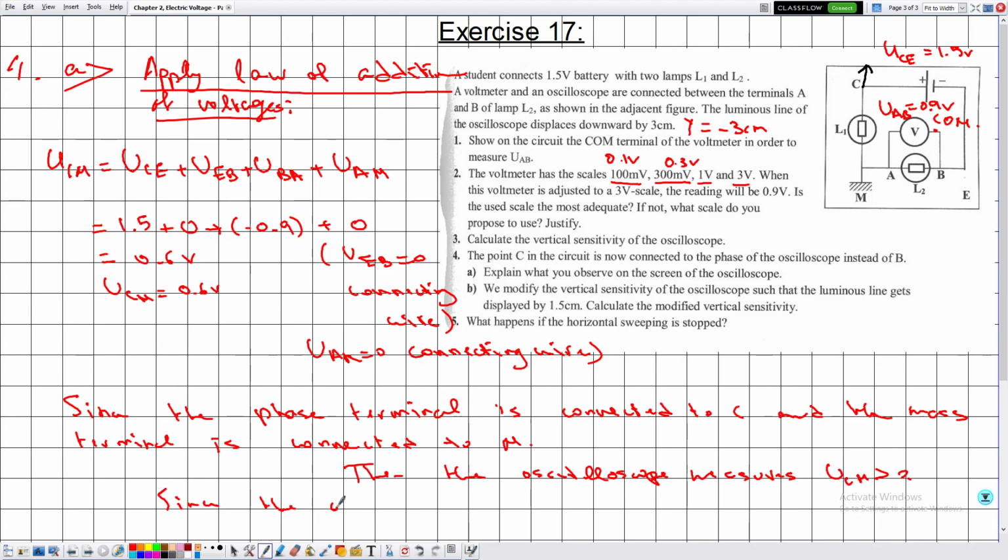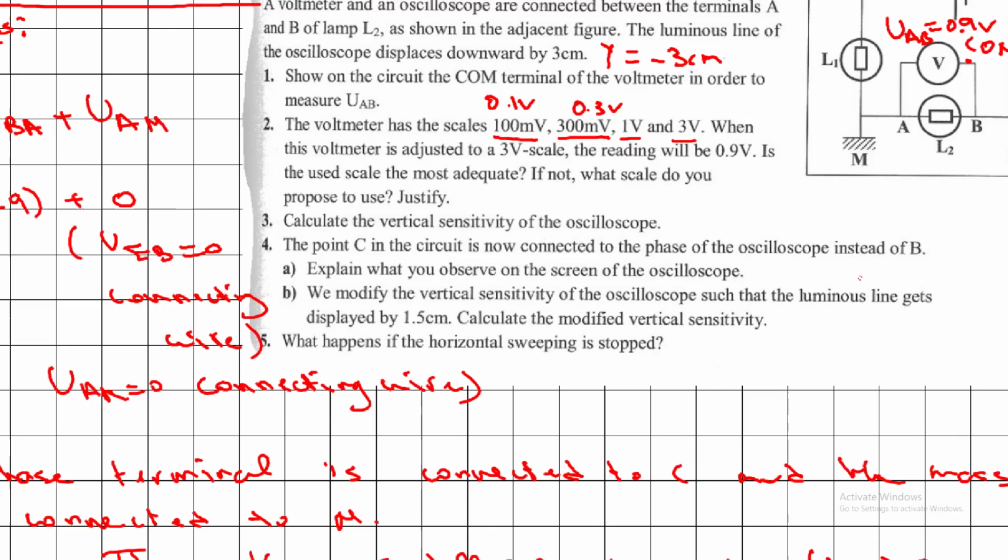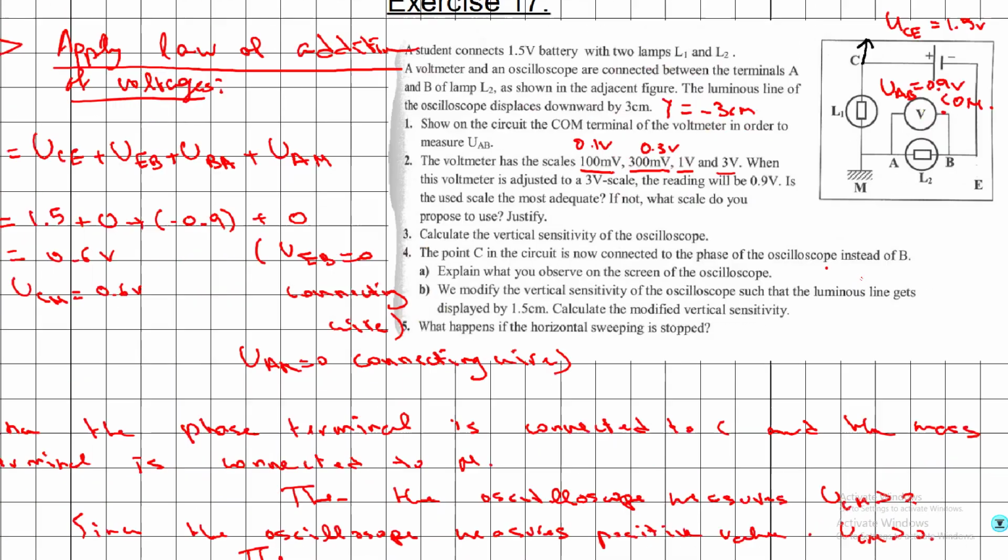Since the oscilloscope measures a positive value, then the luminous line will be displaced upward. Here, no need to mention by how many divisions because the question is clear. They are telling you just what do you observe, okay?